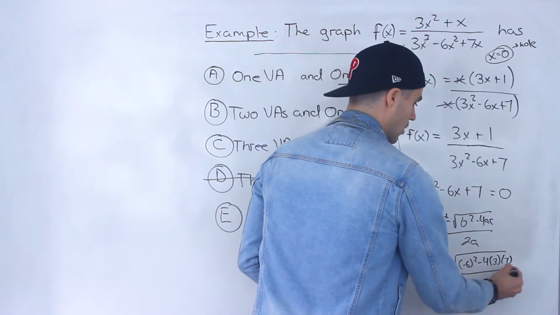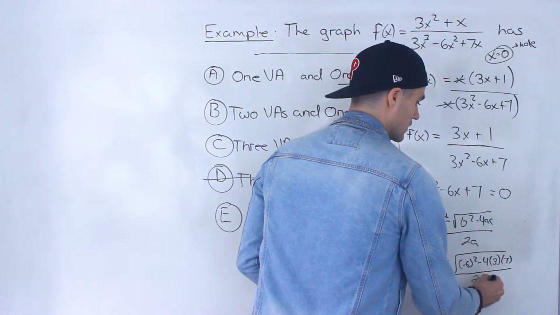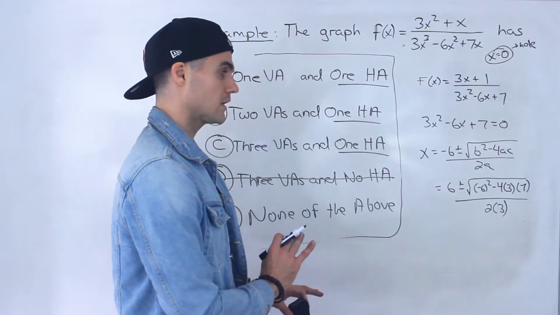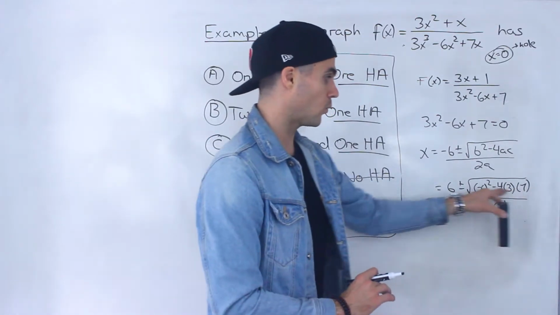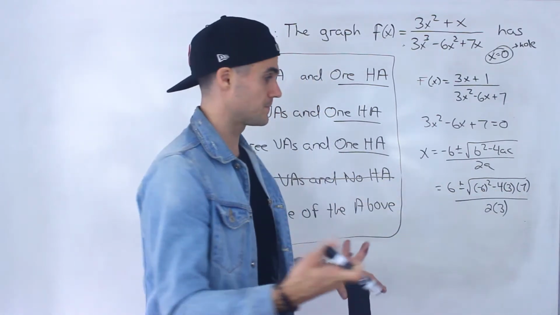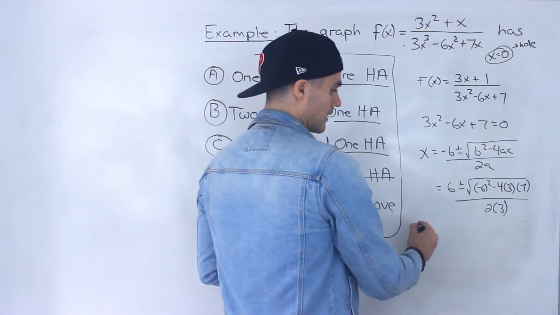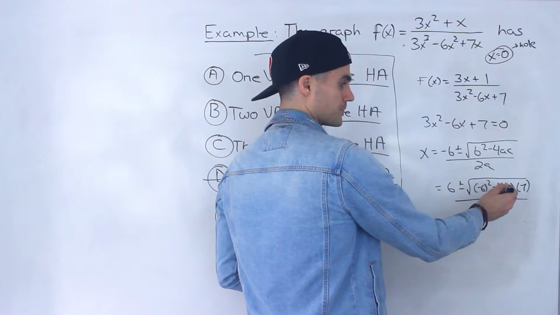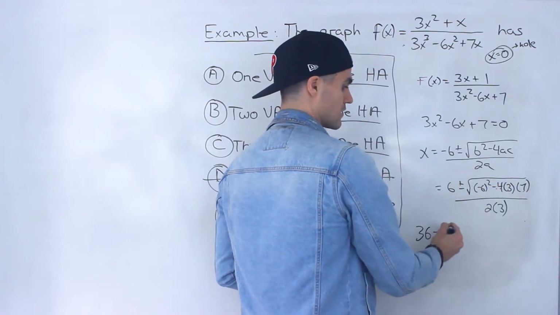And this is going to be all over 2 times 3. And so from here, what we've got to do is figure out what that value under the square root is, the discriminant. We would get 36 minus 12 times 7, which is 84.